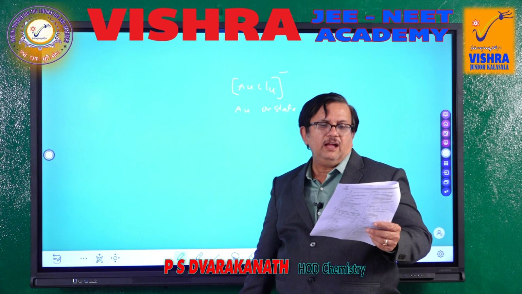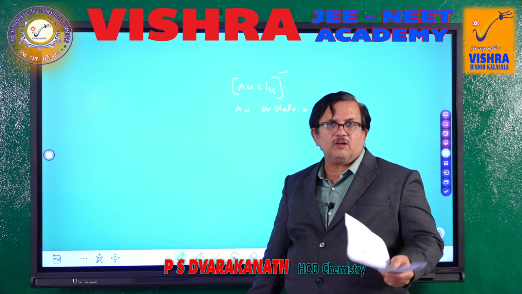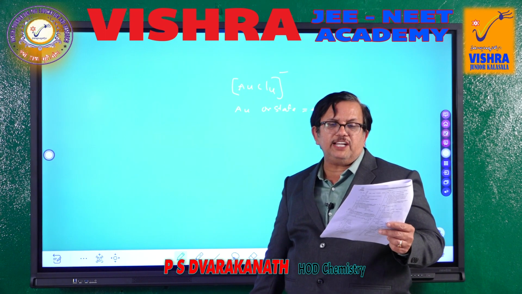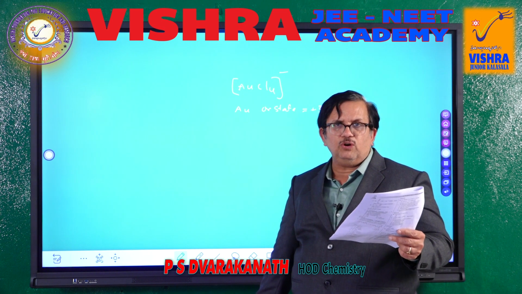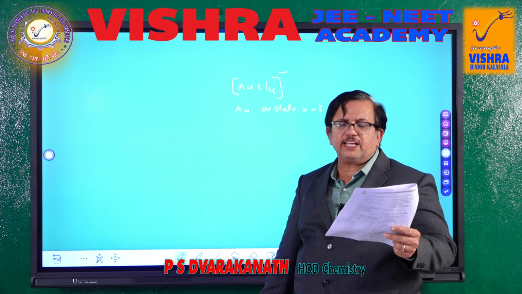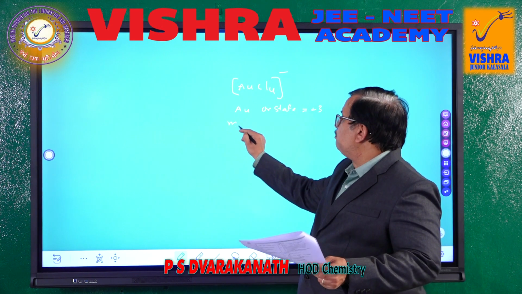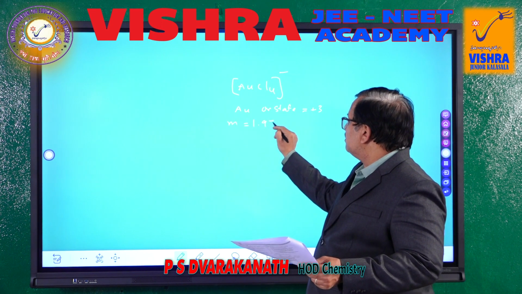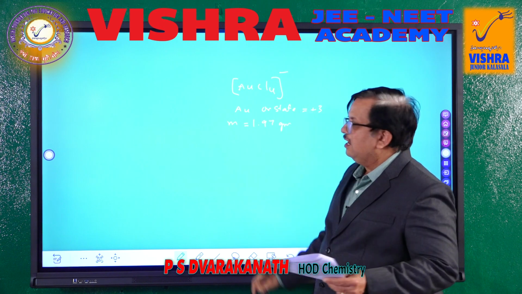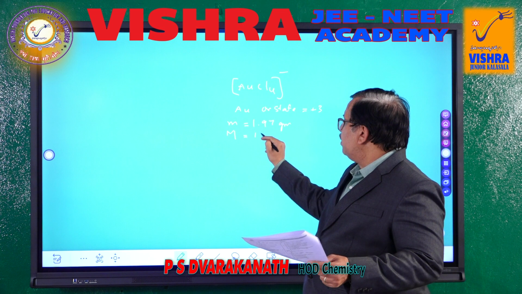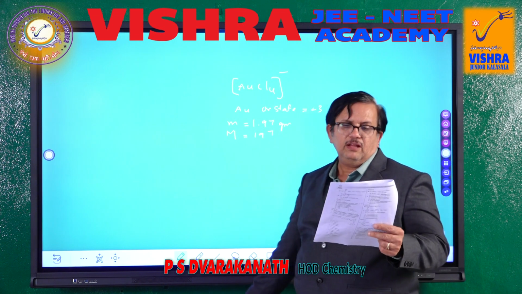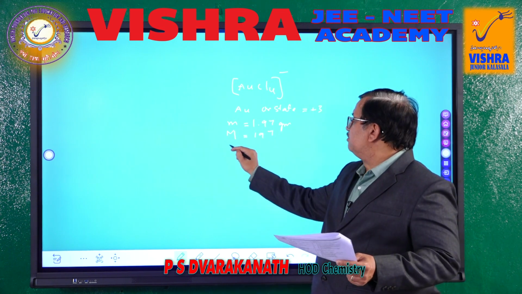We passed the current for 10 minutes. The mass of gold Au deposited at the cathode is 1.97 grams. The atomic mass of this one will be 197, and you are asked to find the current.